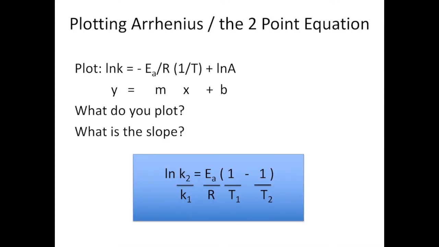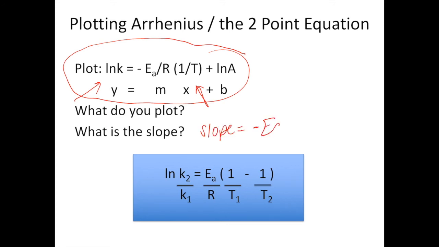So here's the equation that we need. This looks a lot like the Clausius-Clapeyron 2-point equation. It's based on a graph. Here's the relationship if you were going to graph it. So the idea is that if we plot ln of k on our y-axis and 1 over T on our x-axis, our slope is going to be equal to negative EA over R, where R is your gas constant.